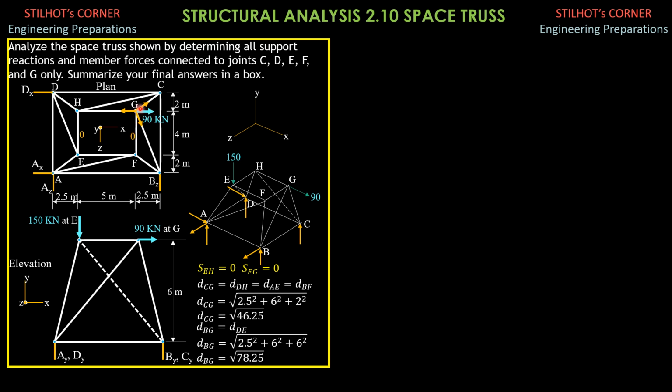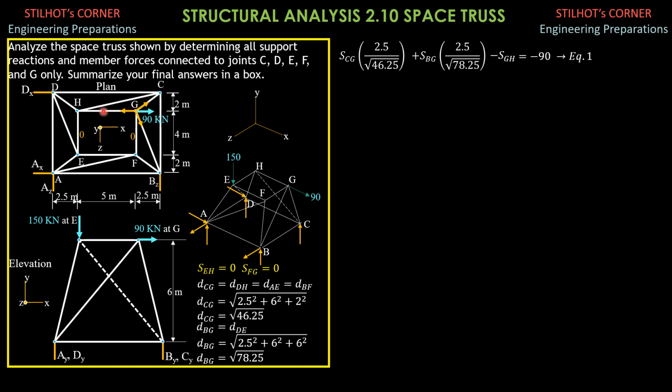So we begin with SCG times 2.5 over square root of 46.25, that's the x component, plus SBG times 2.5 divided by square root of 78.25, minus SHG or SGH, then plus 90 equals 0. So plus 90 equals 0, so equals negative 90. Call that equation 1. Summation of forces in y equals 0.